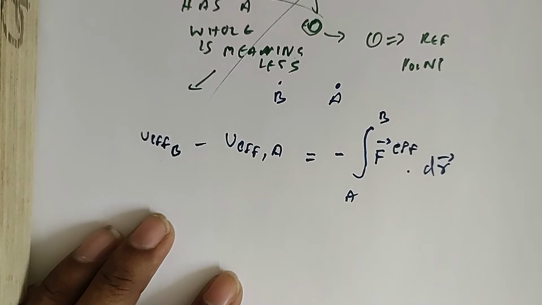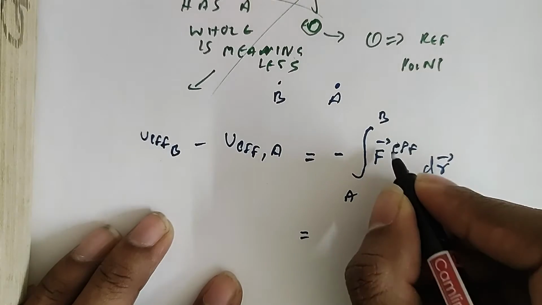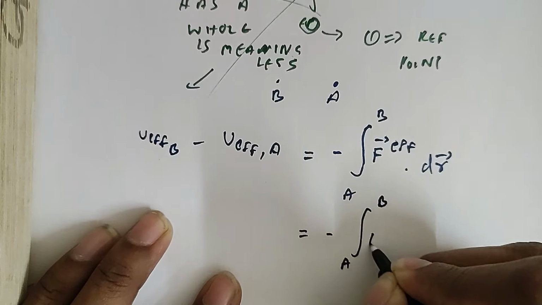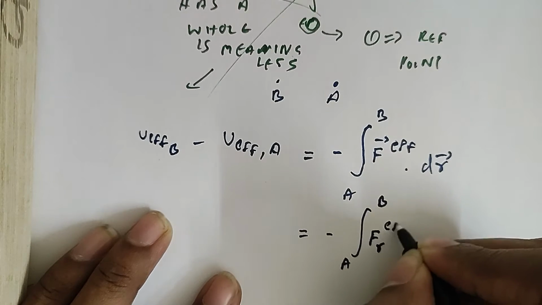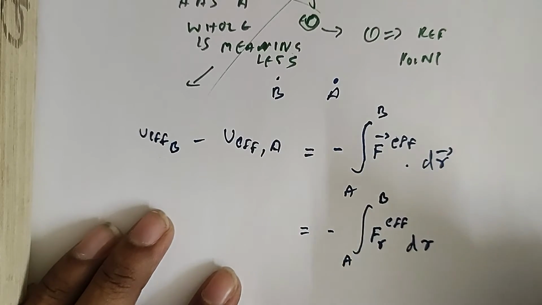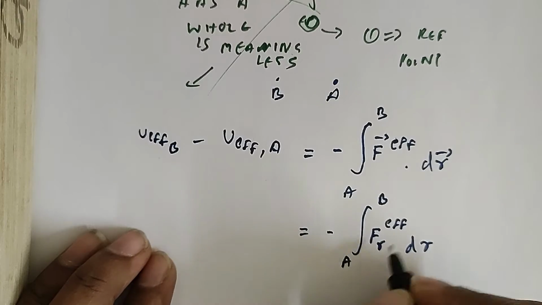Okay, it's cool. I have to get rid of the vector and just take the radial component, because that is what is relevant to my current situation. I have this equation.